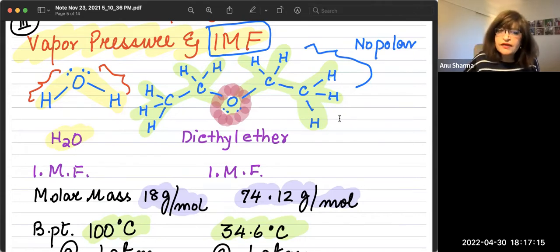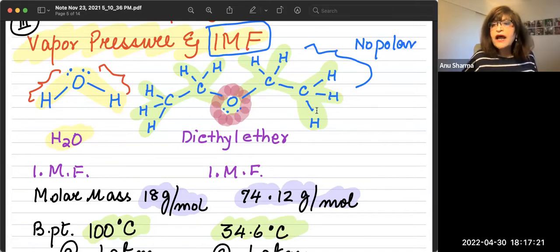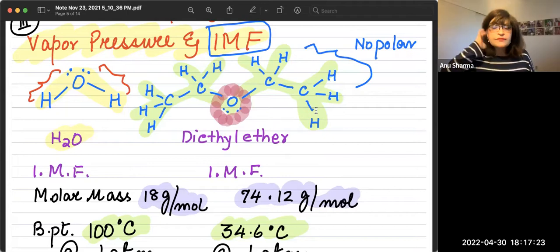So what do we see here? These carbon-hydrogen bonds are covalent bonds, but at the same time they are non-polar. But in the middle, we see the polarity. So the middle region is a hot region, and the outer regions are the cold regions. And this is a big molecule: 74.12 grams per mole is a very big weight.